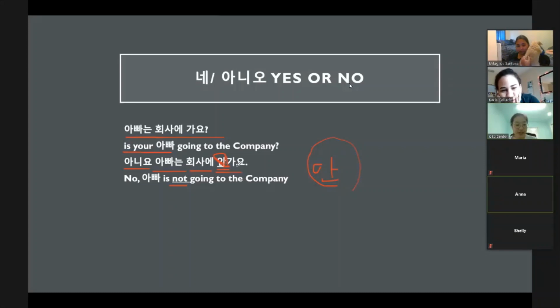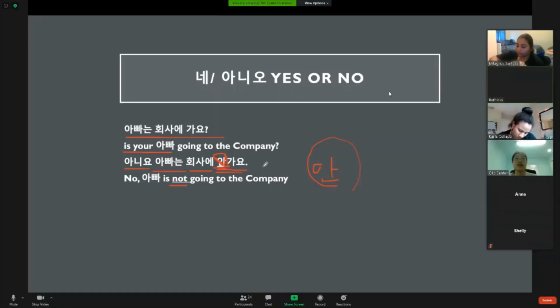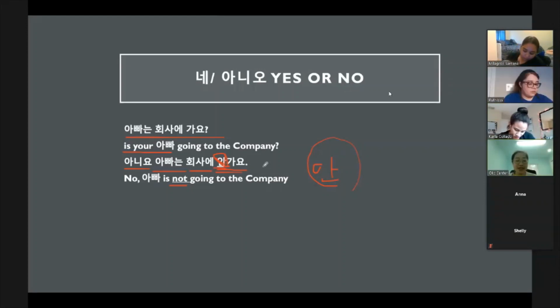Is the verb always the last? The verb is the action of the sentence, so it's going to be the last word. Always? Looks like always. Depends. Most of the time yes, but it depends.